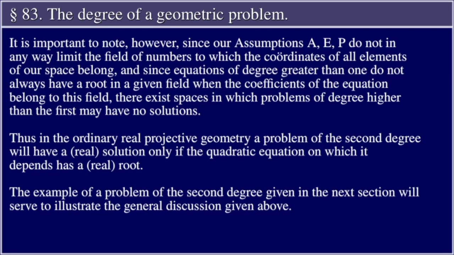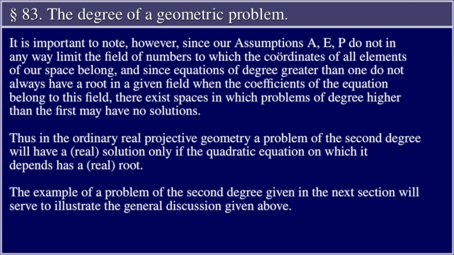It is important to note, however, since our assumptions A, E, P do not in any way limit the field of numbers to which the coordinates of all elements of our space belong, and since equations of degree greater than 1 do not always have a root in a given field when the coefficients of the equation belong to this field, there exist spaces in which problems of degree higher than the first may have no solutions.